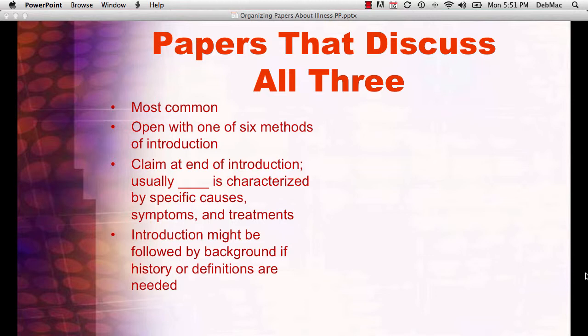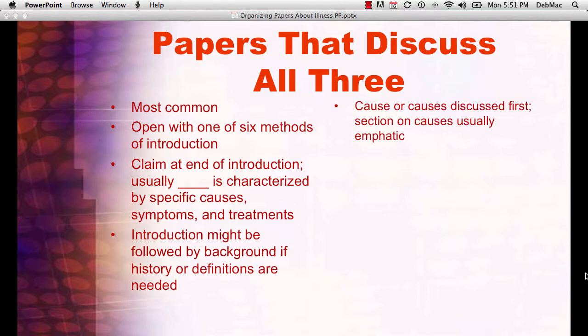You might find that you need to define some terms, and you might believe that it's better to put all those definitions in one place. And if so, then you might want to include a background section. This is very similar to the decision that you made as to whether you needed a background section on paper 1, right? Not much different.